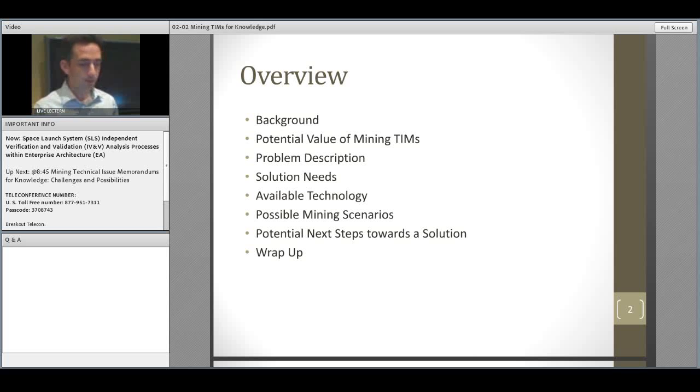Talk about the value of mining these TIMs, and what problems might there be for a solution for mining these TIMs, what the needs are of that solution, available technology that we could use for a solution, possible scenarios, somewhat of a vision of the solution, and talk about potential next steps towards a solution.